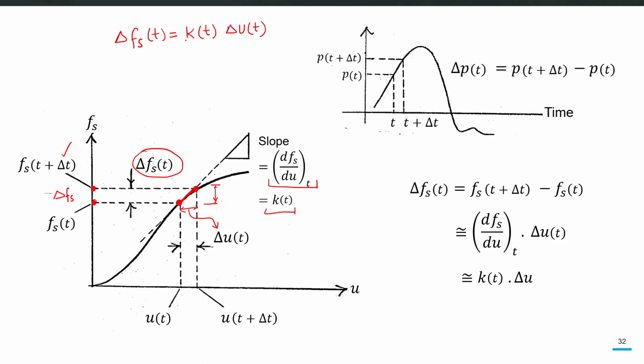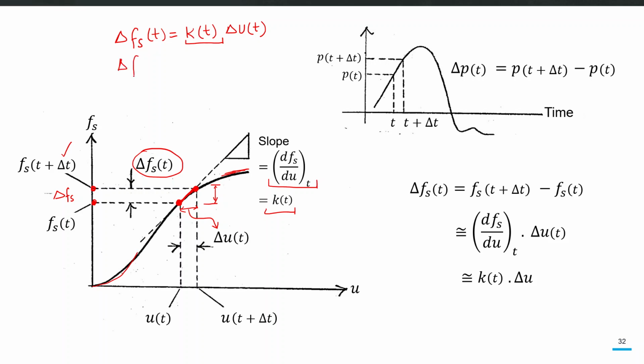So this K of T for linear systems will become constant, but for non-linear systems which will have some curved Fs and U relationship, this K of T will be the instantaneous stiffness or instantaneous slope of the relationship.